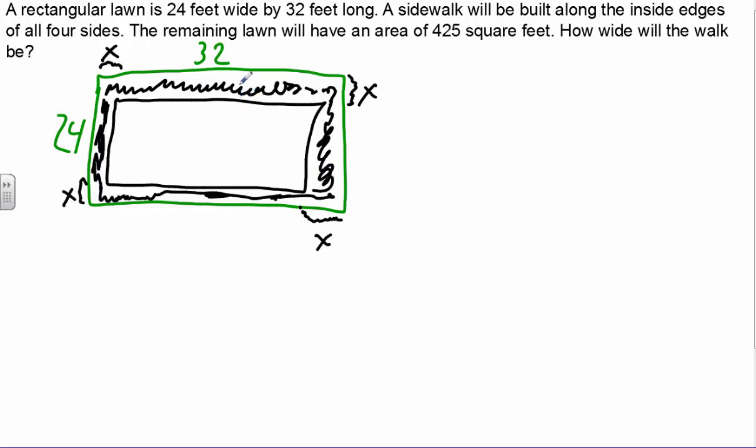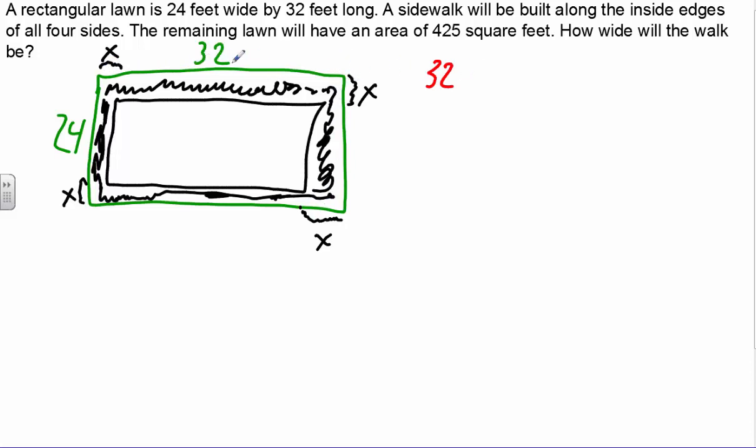Okay, the easiest way to think of it is begin with what I was giving you before. So if we look, originally this whole length was 32. Okay, but if you notice, this sidewalk took off an x chunk here and then another x chunk here, so similar up here.